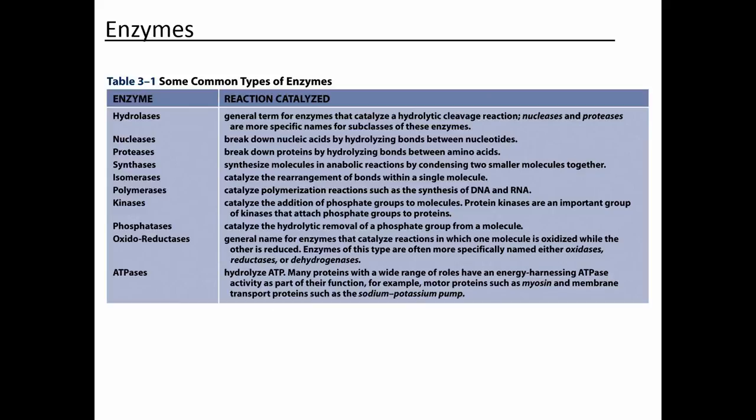But we said that that carrier gets the energy to do that by hydrolyzing ATP, and this part of the carrier has an ATPase on it, and that's the part of the carrier that actually hydrolyzes ATP and allows the carrier to harness the energy from that hydrolysis. So there's a lot of proteins in your cells that have ATPase activity, and they're used to harvest the energy from ATP hydrolysis.